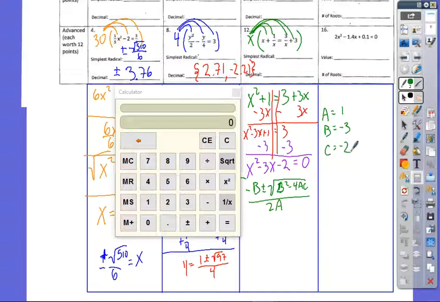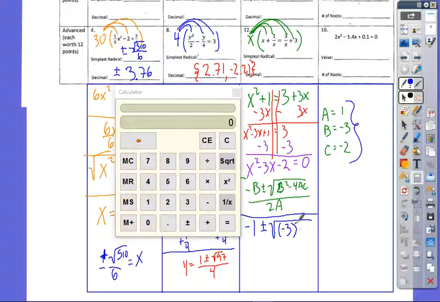And now, Sophia, before you leave the hot seat and get to pick somebody else to take your place, we need you to plug in our A, B, and C values into the quadratic formula. Negative, B, which is negative 3, plus or minus the square root of negative 3 squared.